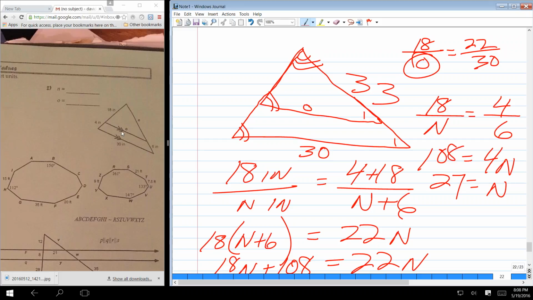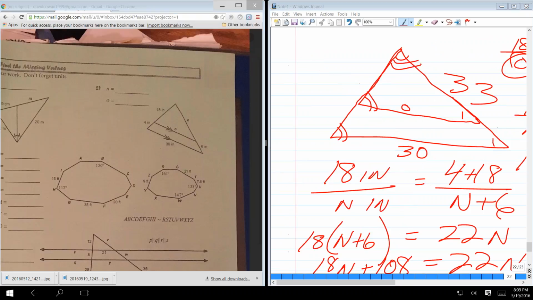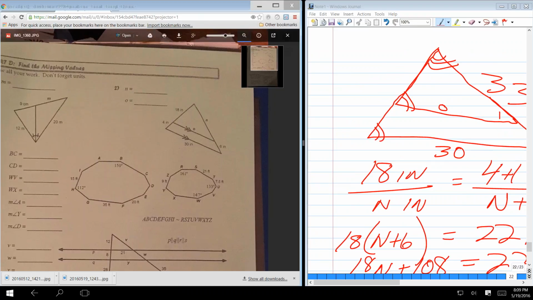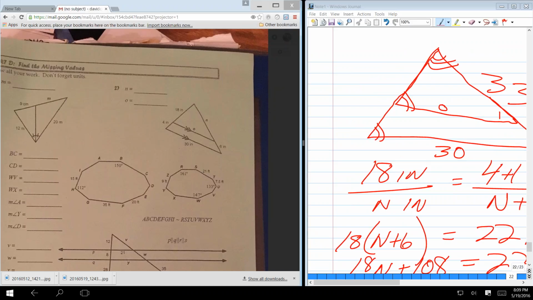The fact that these are both parallel means that it splits these two sides into proportional sides, even though this is actually a trapezoid now, no longer a triangle. That to that is the same as that to that. So it was really easier the way you first tried to do it. Got confused. I wasn't certain of it. Oh, it's all good.